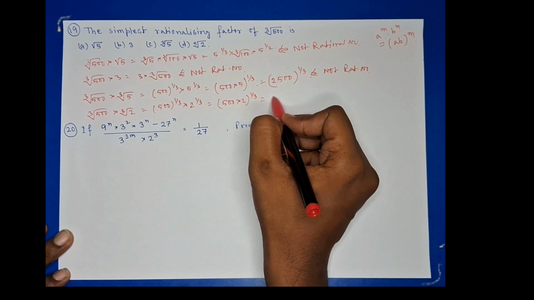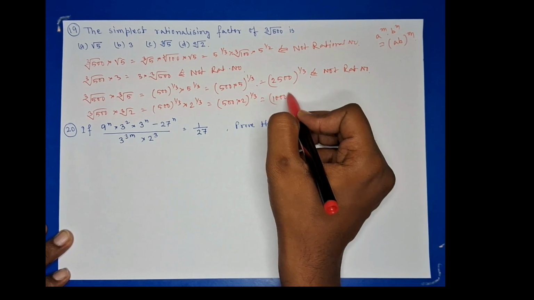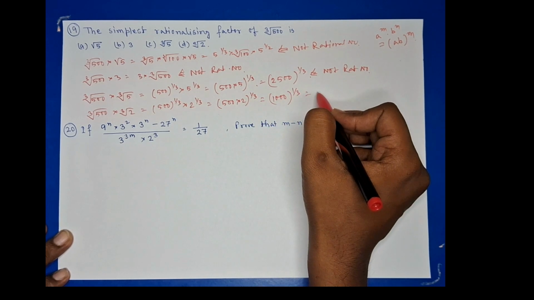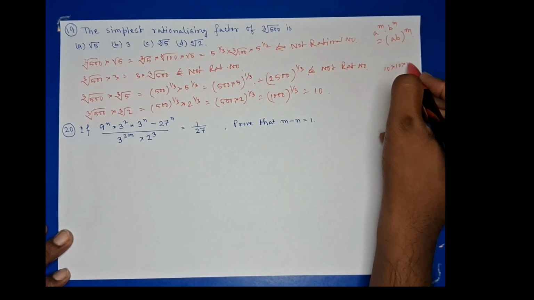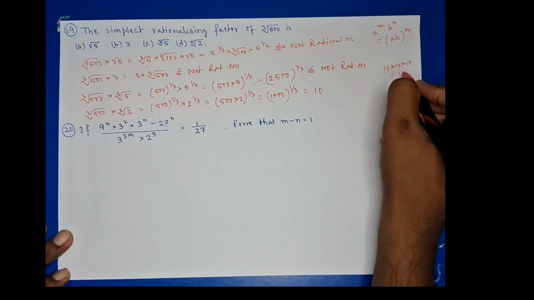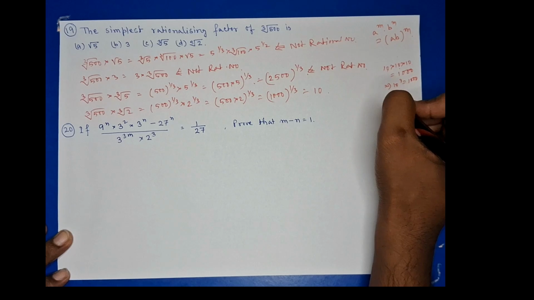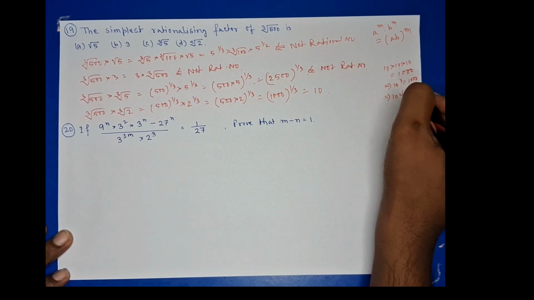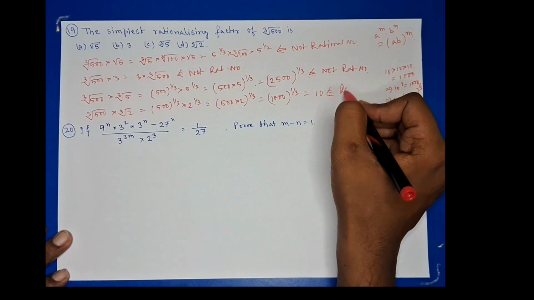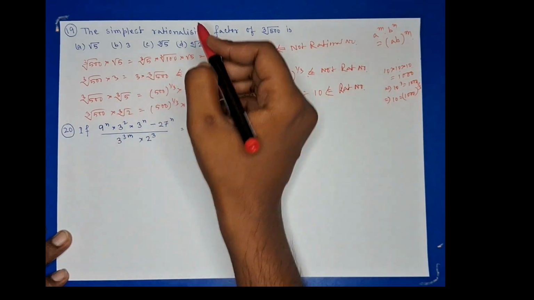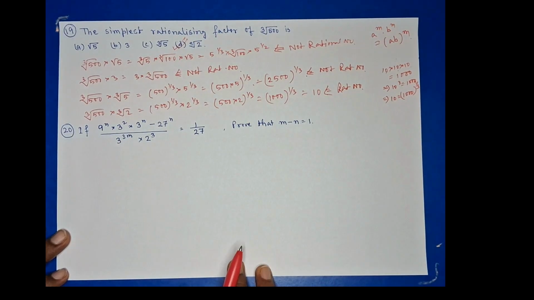This becomes 1000 whole to the power 1 by 3. This is equal to 10, because 10 cube is equal to 1000. So this is a rational number. So which option is correct? Option D.